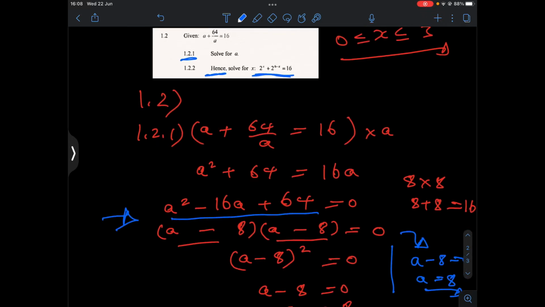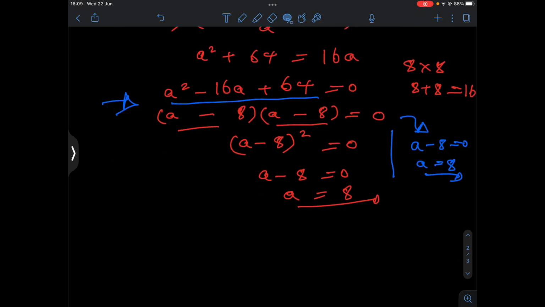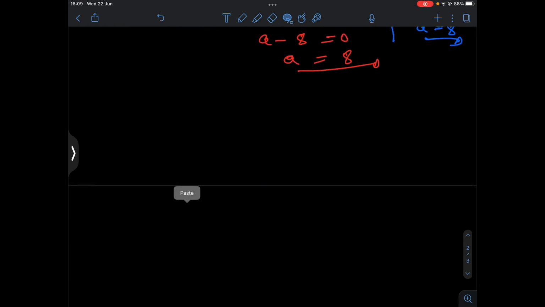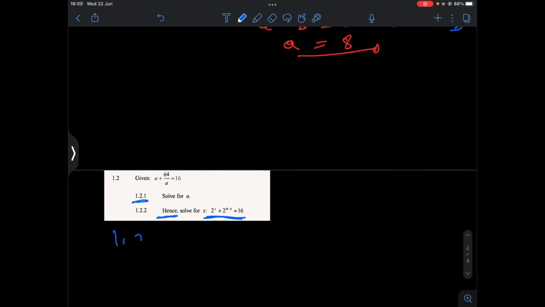But let us see how we can solve this one by using the previous question. So I'm just going to copy and paste it here. So let us solve question 1.2.2.